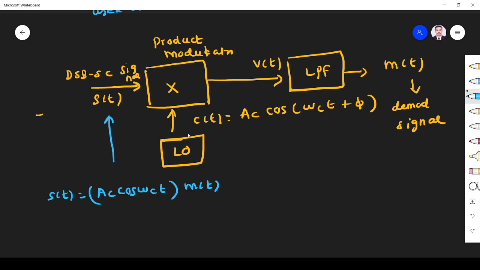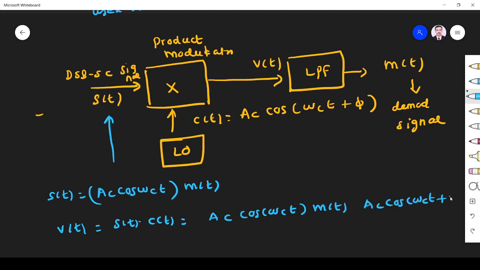When it enters here, it is multiplied with the carrier generated by the local oscillator. So what should our V of t be? V of t will be S of t times C of t. That is equal to A_C cos omega_c t into M of t, multiplied by A_C cos(omega_c t plus phi).